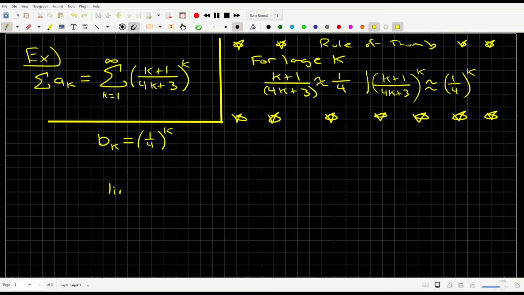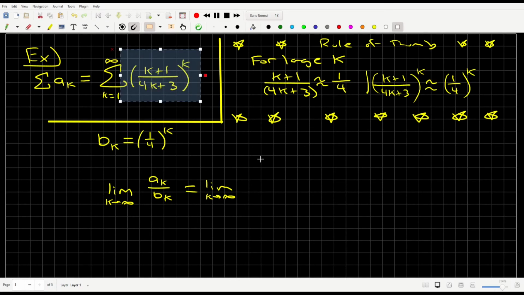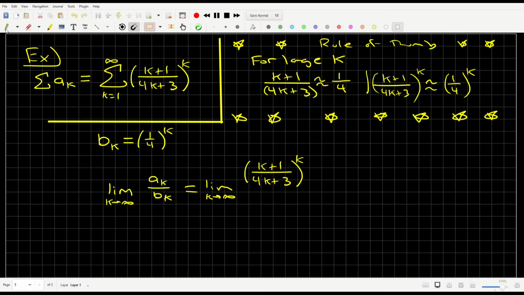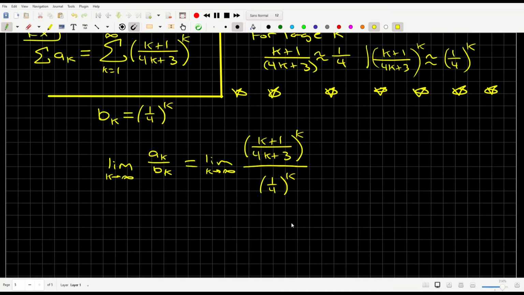And so we're going to look at the limit as k goes to infinity of ak over bk, which is the limit as k goes to infinity of this function right here over 1/4 to the k, and we can directly rewrite this a little bit.